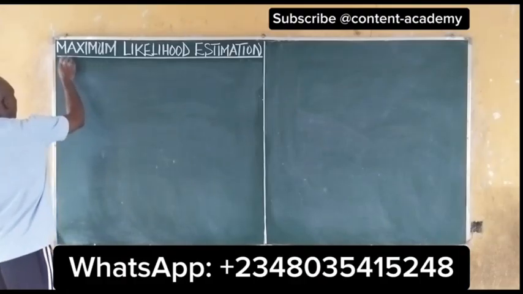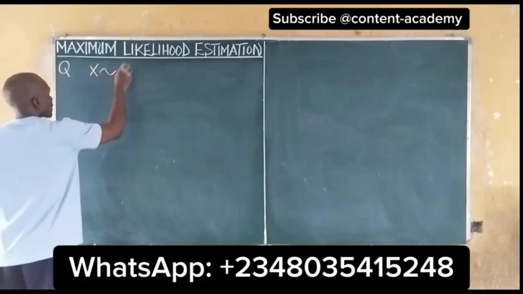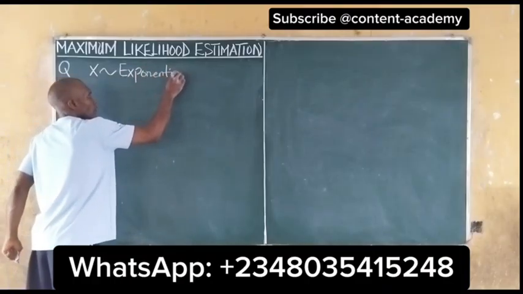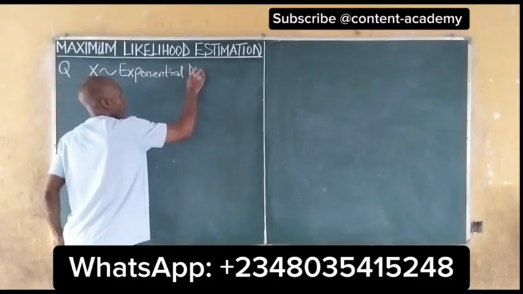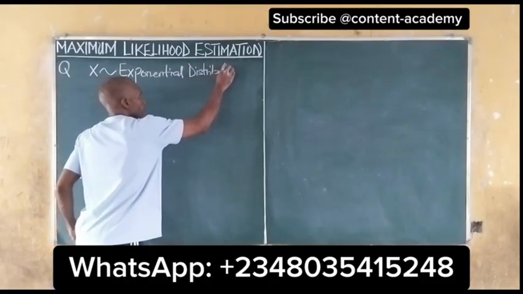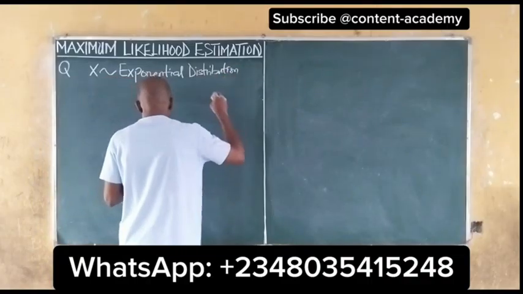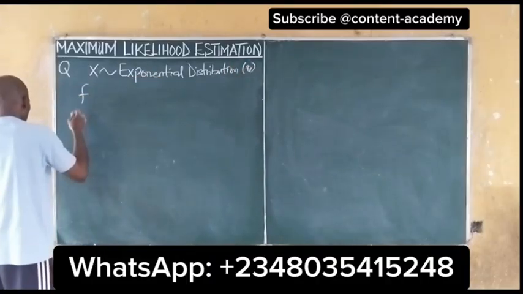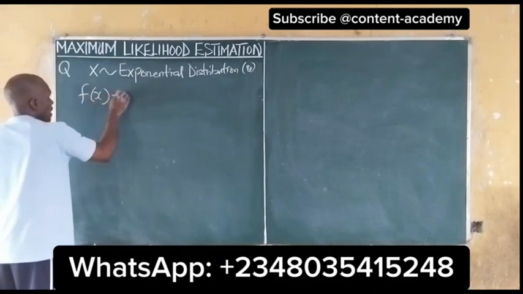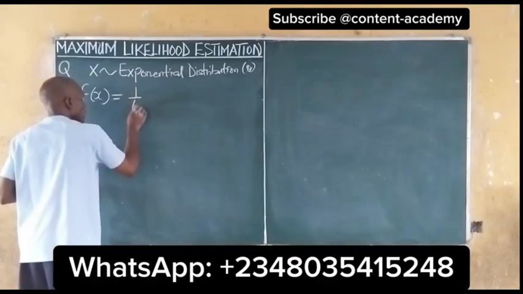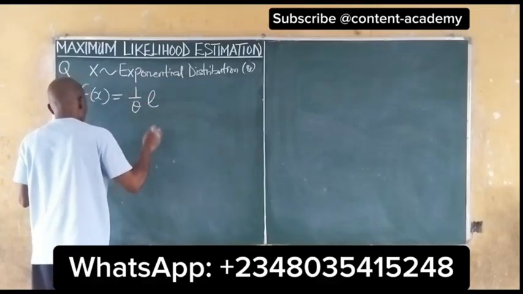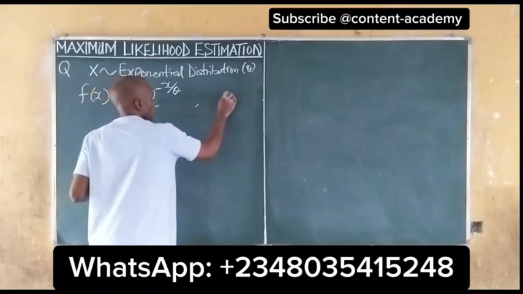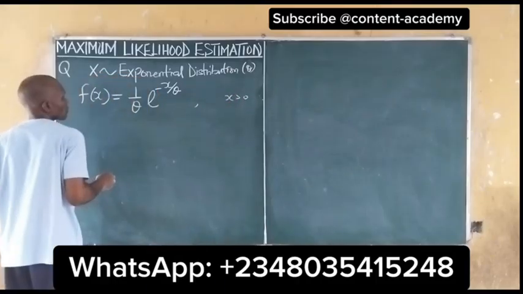Now, if this is our question, if x follows an exponential distribution with parameter theta, given the PDF, if our PDF is given as 1 all over theta exponential negative x all over theta, as x is greater than 0.